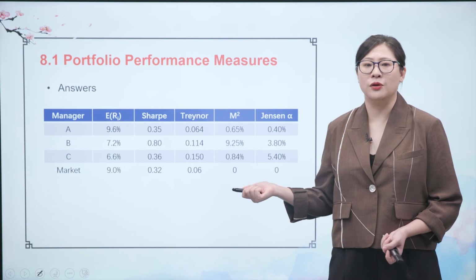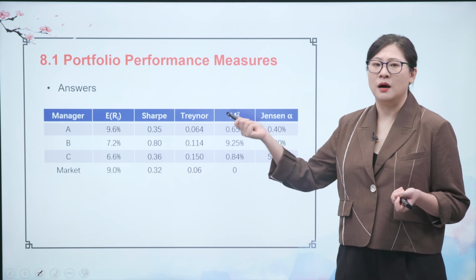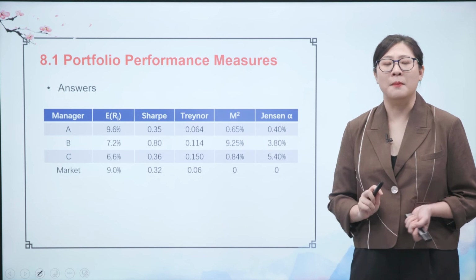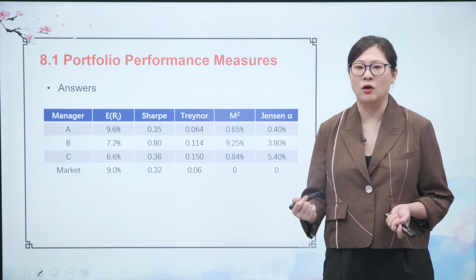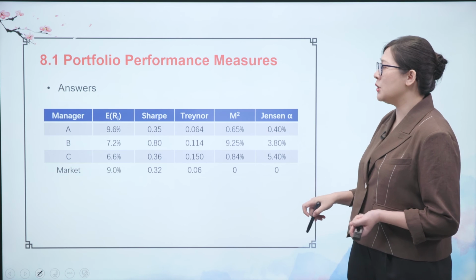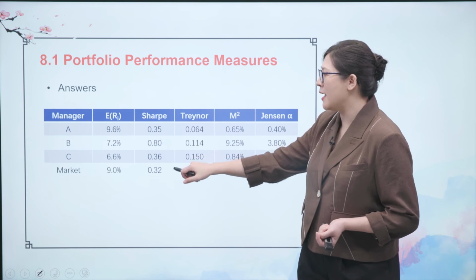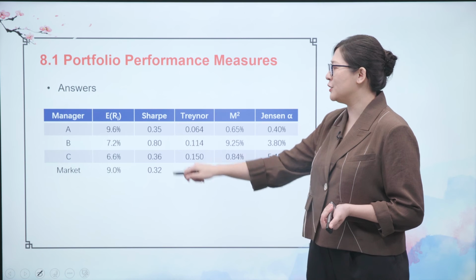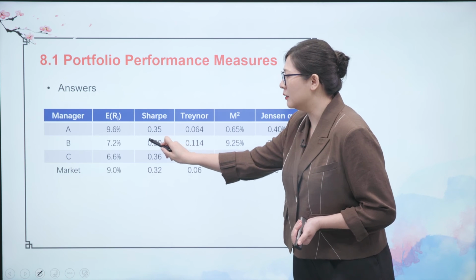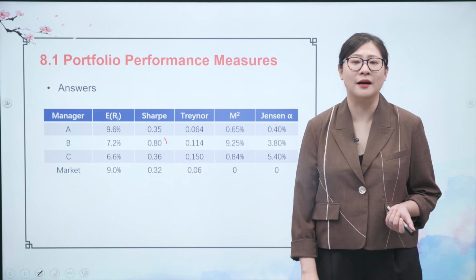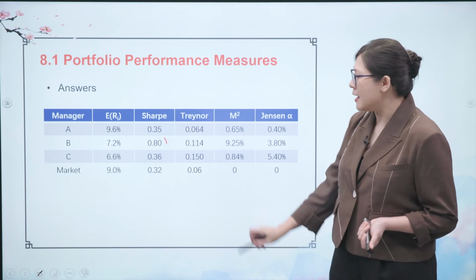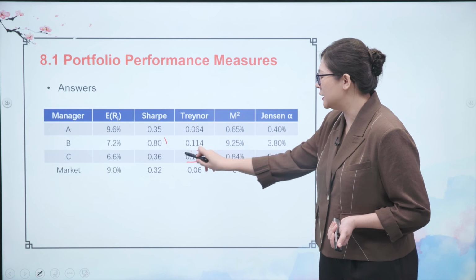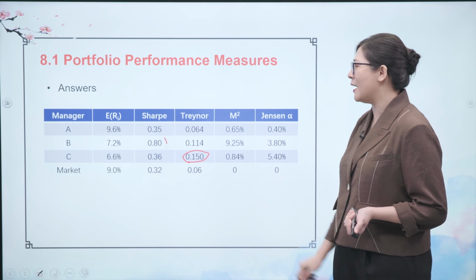I will show you all the different performance measures I calculated for each manager. You can calculate them by yourself after you go back home. What you need to do is compare the Sharpe ratio between these three managers. We find that manager B has a higher Sharpe ratio. For the Treynor ratio, manager C is higher.